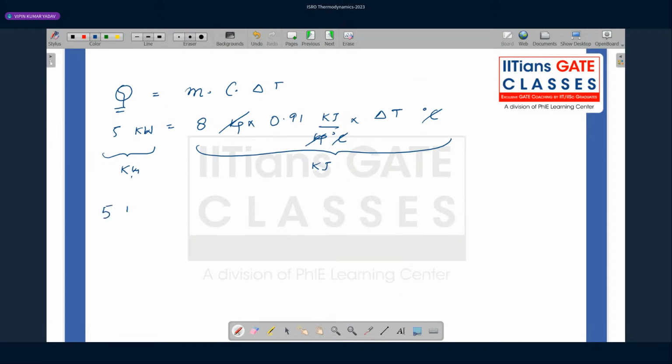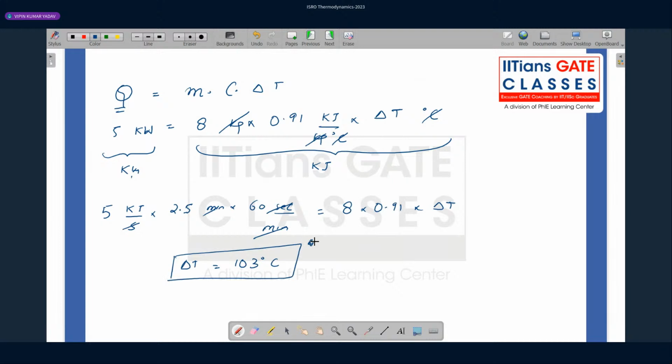It is 5 kilojoule per second into 2.5 minutes into 60 seconds per minute. So minutes and minutes, seconds and second cancel. Now only kilojoule is there. So it is 8 into 0.91 into delta T. So now the units are same. Now you can calculate delta T is equal to 103 degree Celsius. Got it?